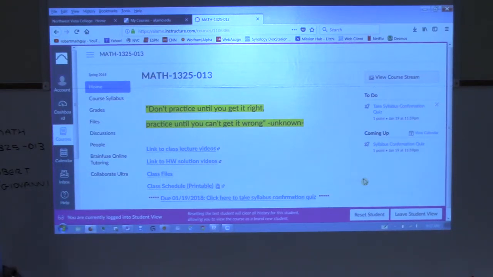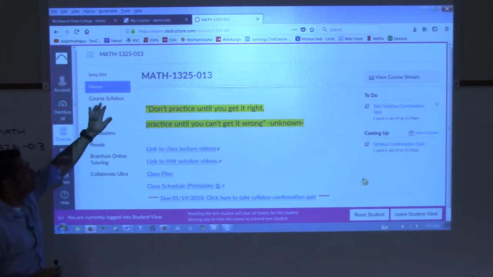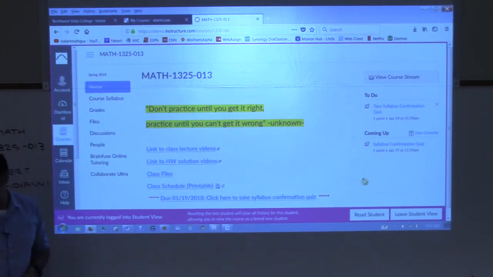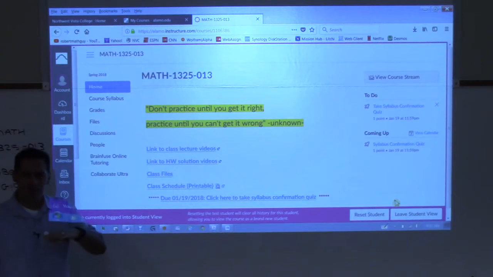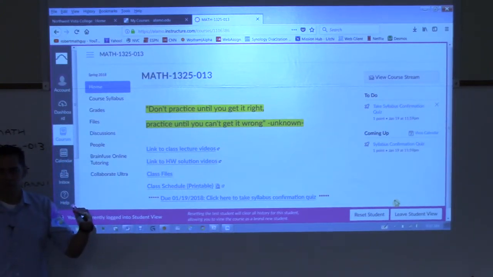The most important things for you to know are the syllabus is in here, and I will expect that you go through that syllabus, read it, make sure you understand all the requirements, especially because is there anyone here like this is your first college class ever? Shouldn't be. I mean, you should have taken 1324, which means that you have some experience in college, so you know how a syllabus works, and it's kind of our contract, yes?